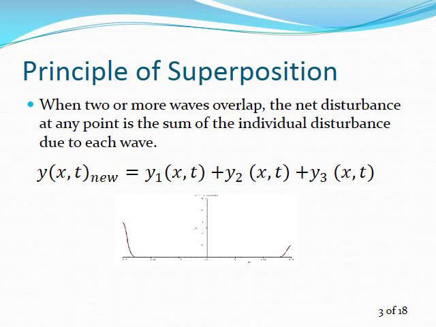Now, what I want to show you is what this looks like. So I have traveling pulses here, and as they move, you can see that they're interfering right there, and that by the principle of superposition, I can change how they're doing. So if I move this forward, you see when they're over top of each other, they have a big displacement.